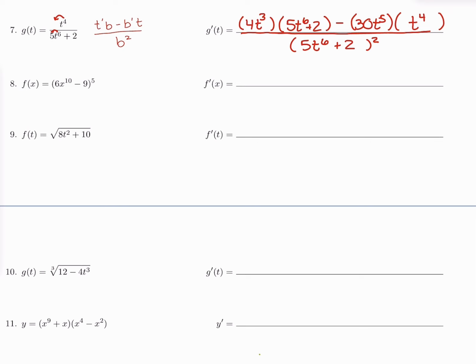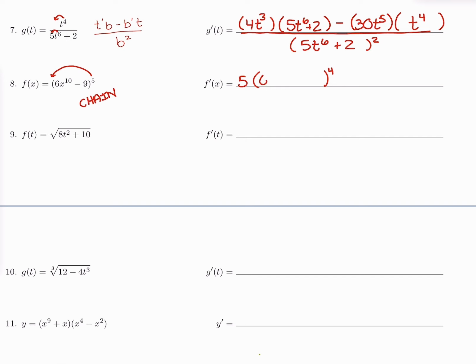The next one, I don't have x's divided by x's. I have more than x to a power. So I'm going to use the chain rule for the next one. My chain rule says to start just by bringing down the power. So I have 5. I'm going to subtract 1 from the new power, which will give me 4.